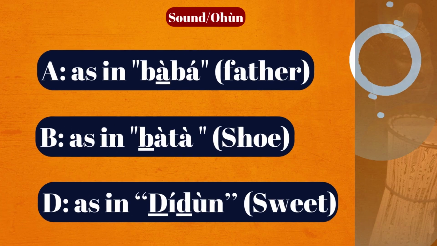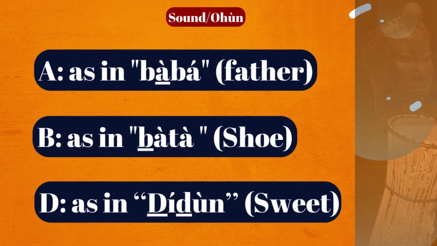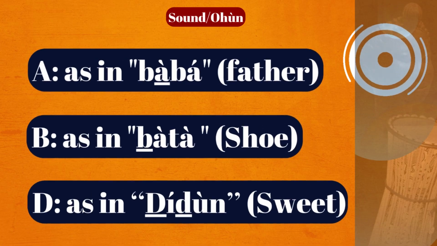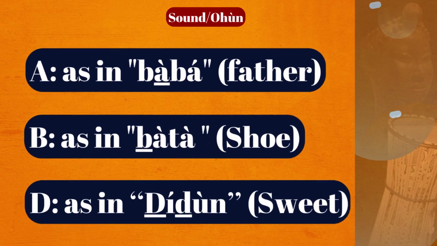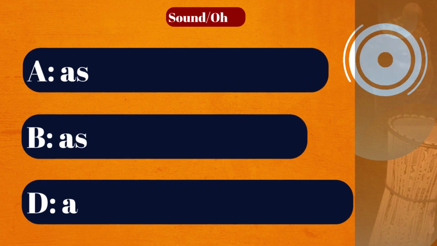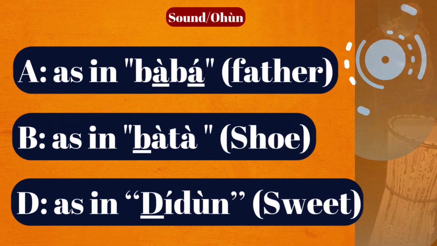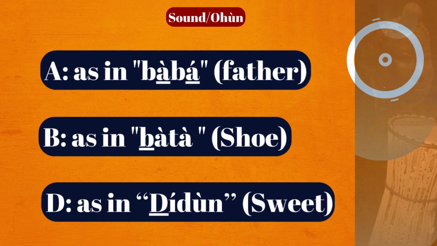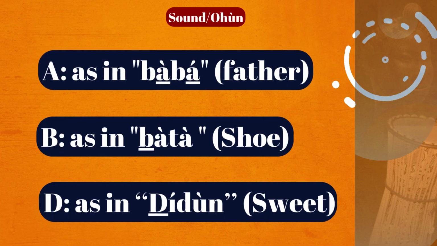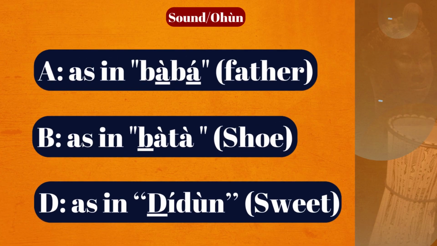So we have A as in baba, which means father. The underlined letter is a sound. Sample letter in the word. A as in ba, which is father. B, bata, shoe.